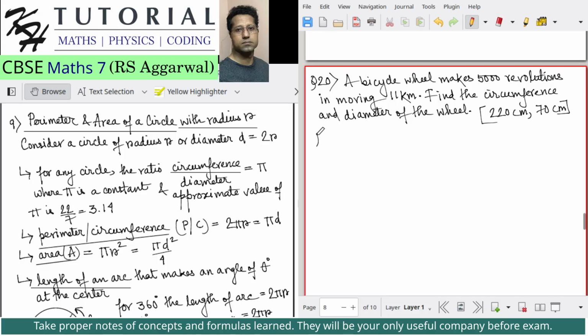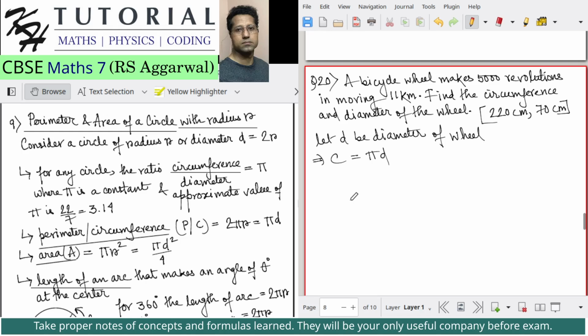Okay, let's consider the diameter. Let d be diameter of wheel, that is d centimeter. This implies the circumference of the wheel will be equal to pi d.